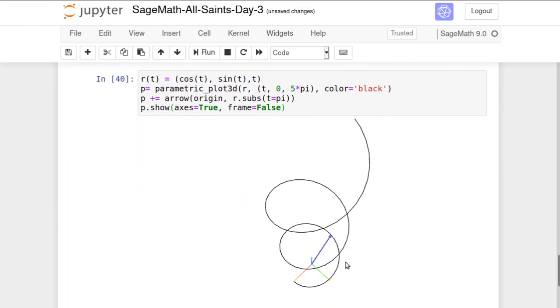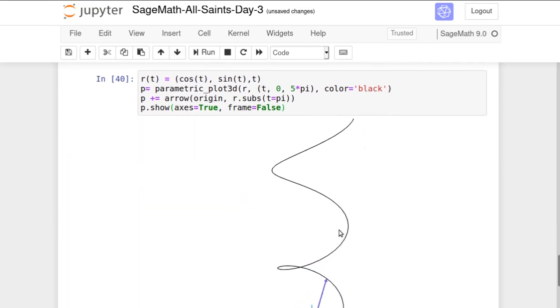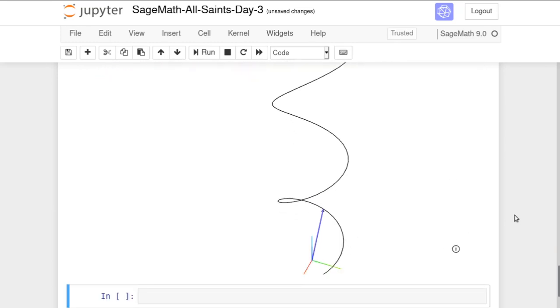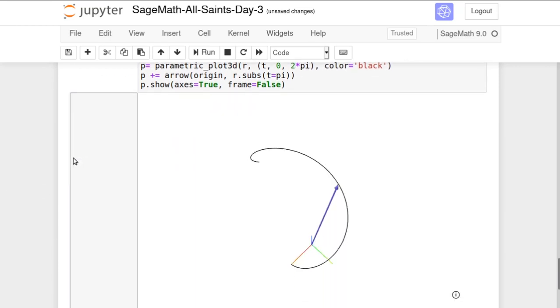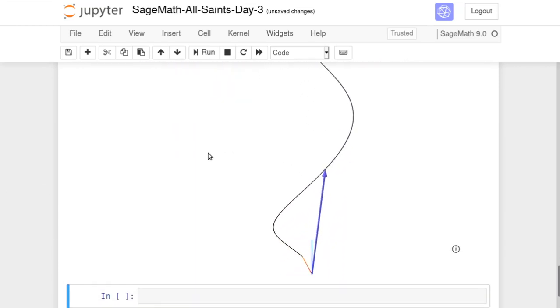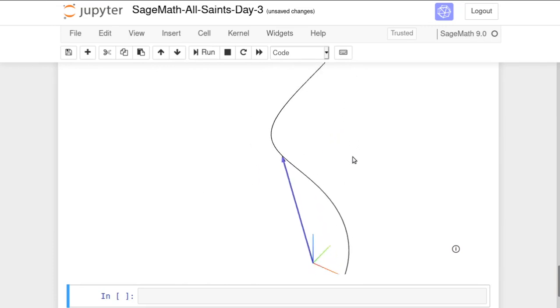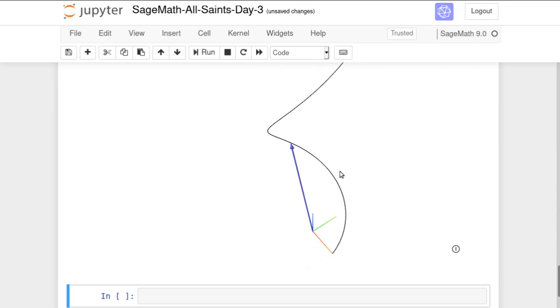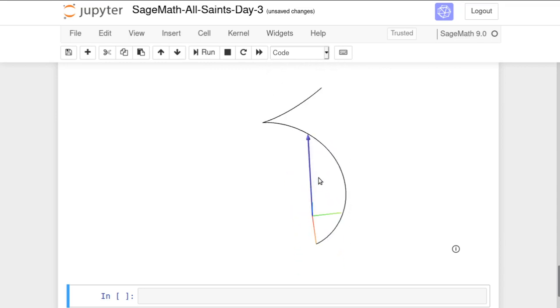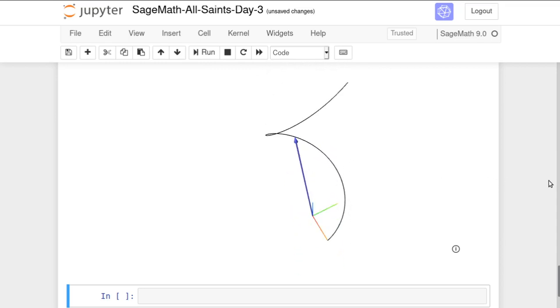Anyway, this is the way we plot a parametric curve and a vector to it. Now let me reduce this value to 2 pi so that it fits. This is the axis, and this is the vector. The helix is drawn, and a vector is also drawn to that helix.